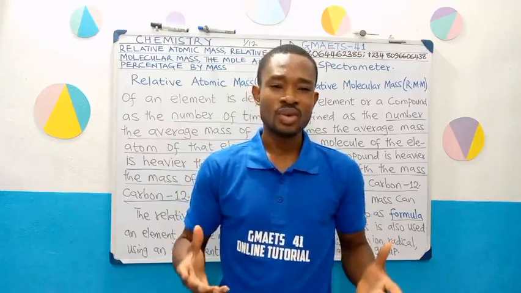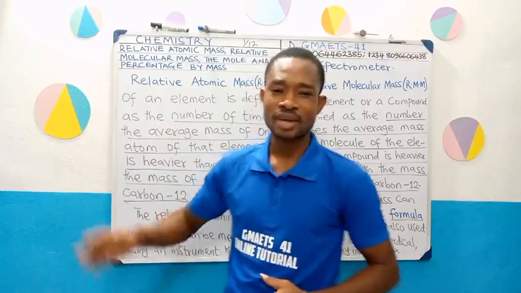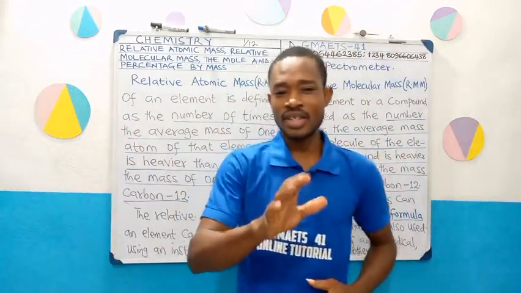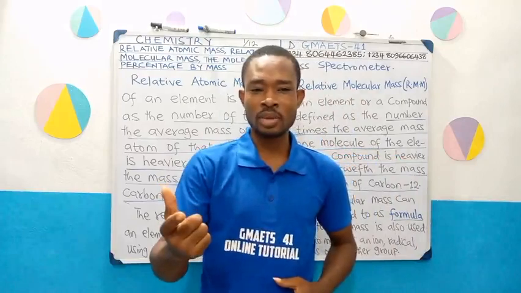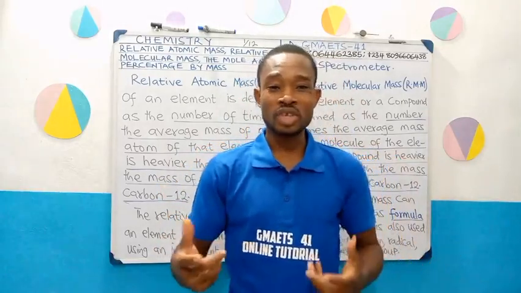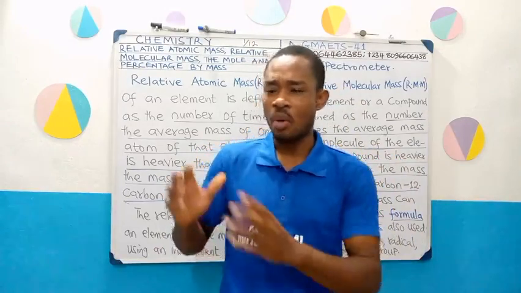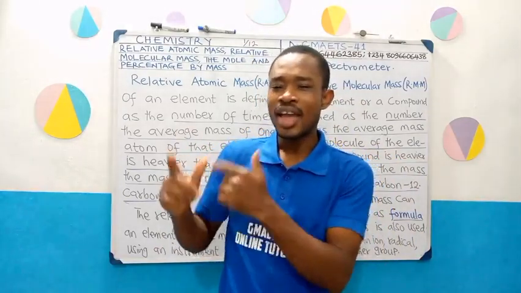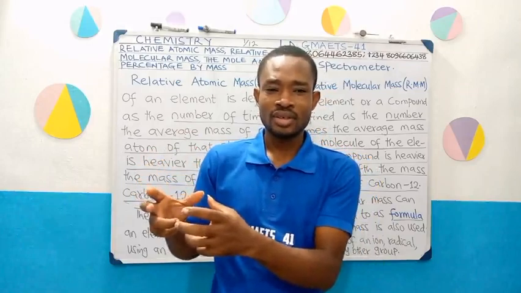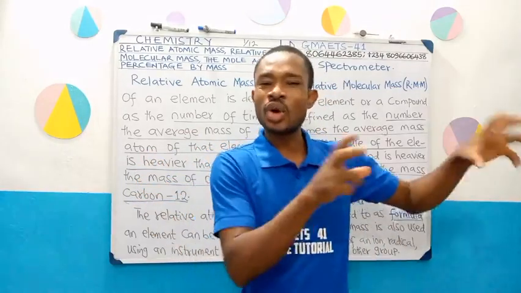So first, what is relative atomic mass? R.A.M. Now I want to say this quickly. When talking about relative atomic mass or relative molecular mass, what we are interested in is simply to compare how heavy a particular element is compared to another one.